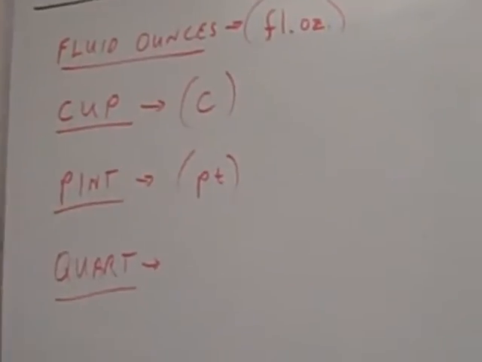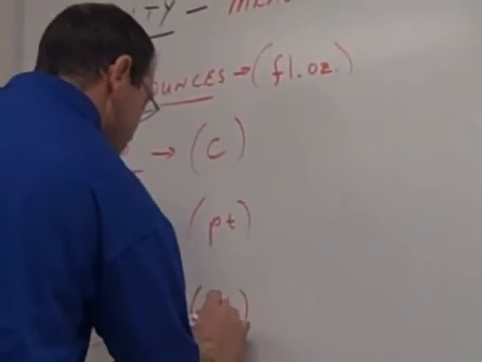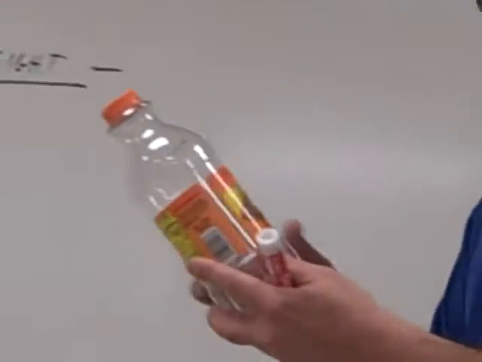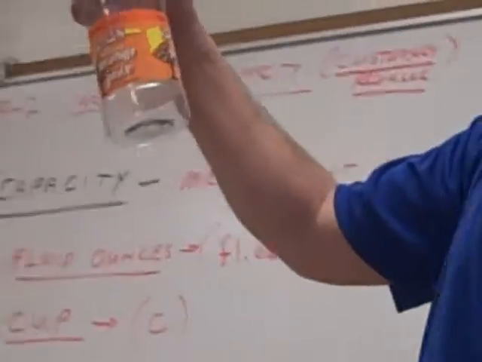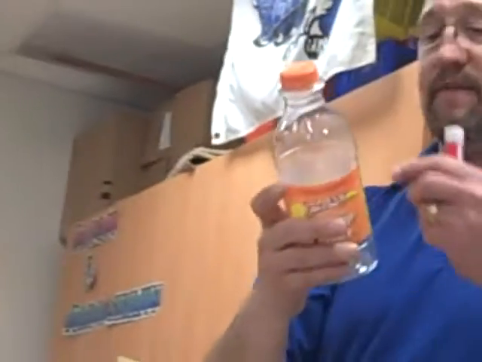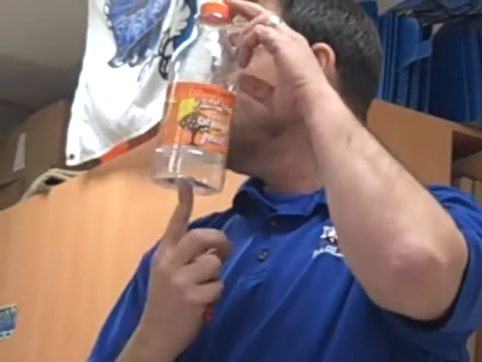Quart. Abbreviation. QT. Now, small QT. Cursive small QT. That's one of these things right here. They actually sell these in Allsups and 7-Elevens and stuff. They even have these. This is orange juice, but they also sell this size of chocolate milk too.